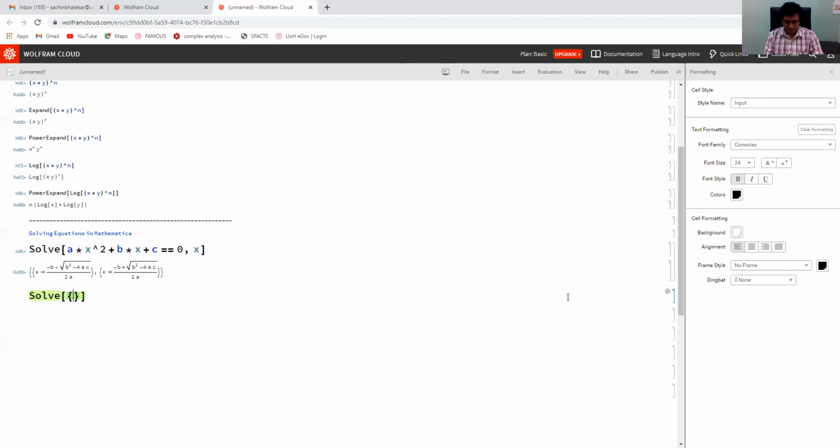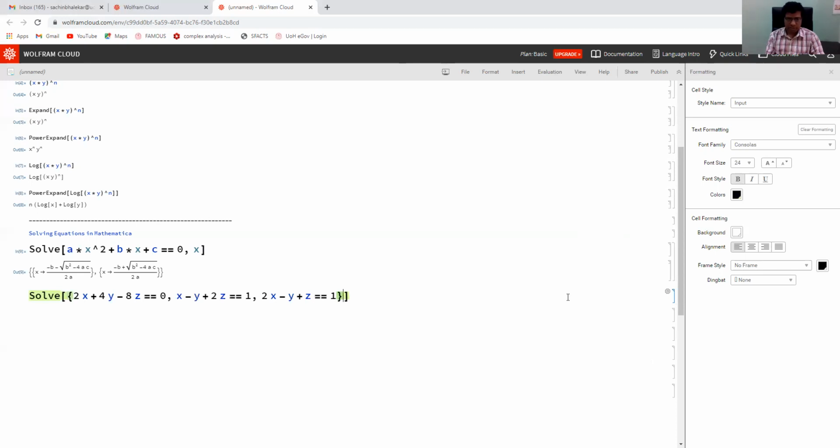Let us consider any system of linear equations. So 2x plus 4y minus 8z equal to 0. Second equation, similar, and third equation, say 2x minus y plus z equal to 1.